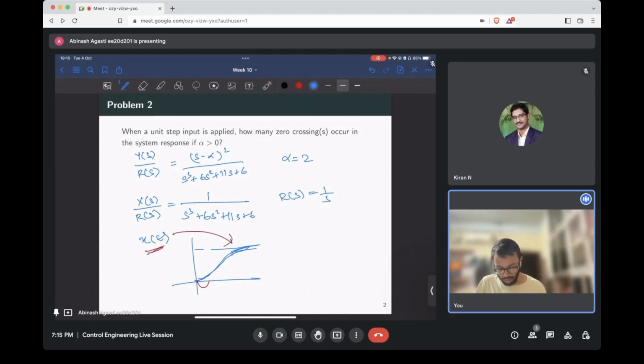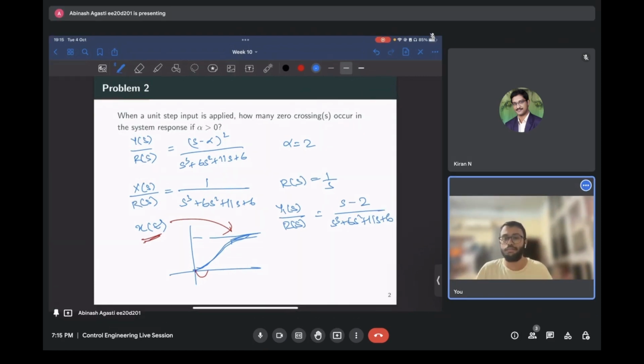Now consider y1 of s by r of s as s minus alpha 2 by s cube plus 6s square plus 11s plus 6. Right. So here, do you have any idea what kind of system response you'll get if you give a step input? Okay, let's see.